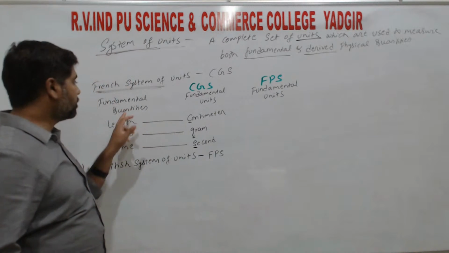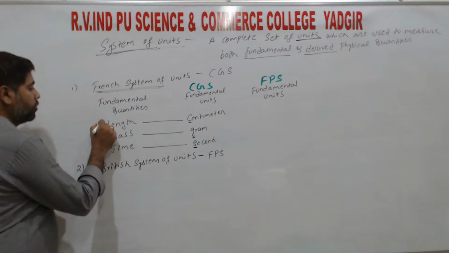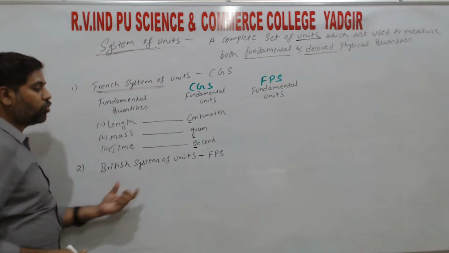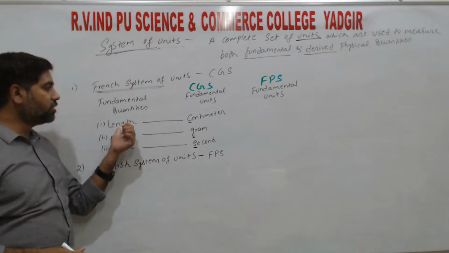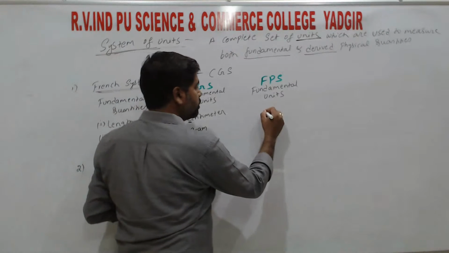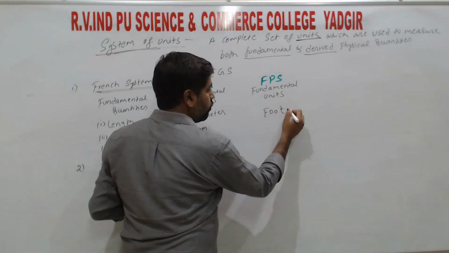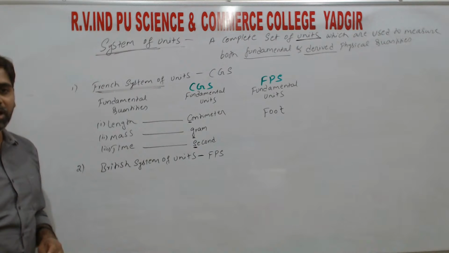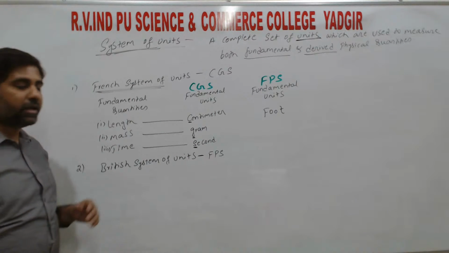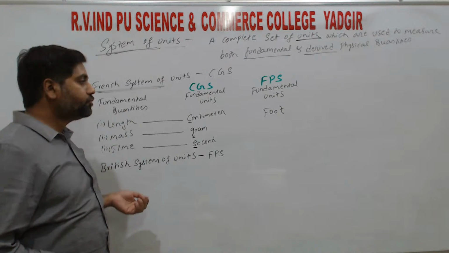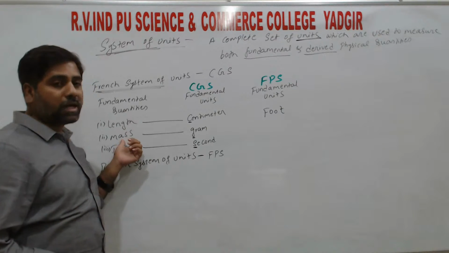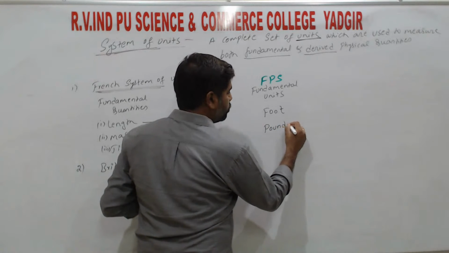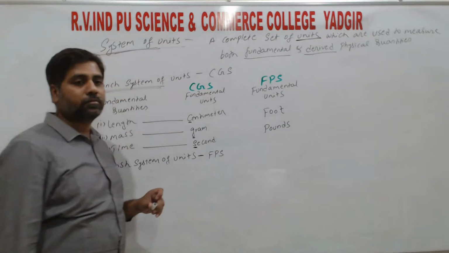Then FPS under another column, right? So here the same fundamental quantities, length, mass and time. In this system of units, how do we measure length? Length is measured in foot, right? In Kannada we say adi, one adi, two adi, right? Next, mass is measured in pounds, right?